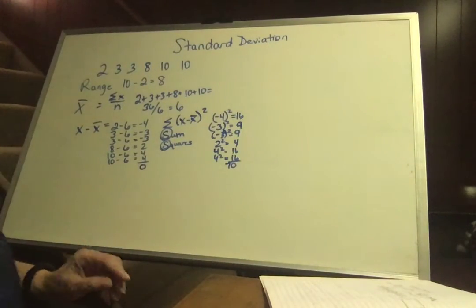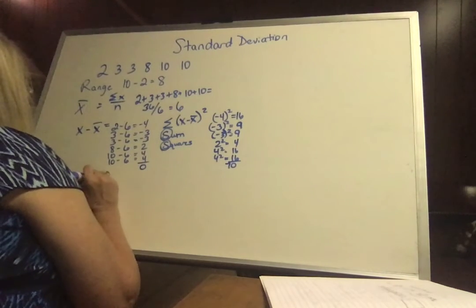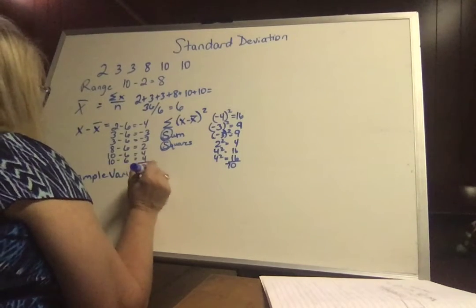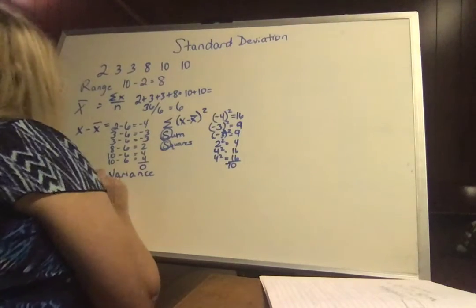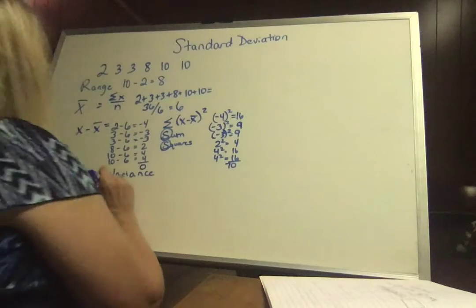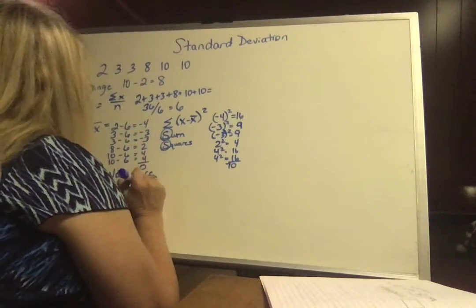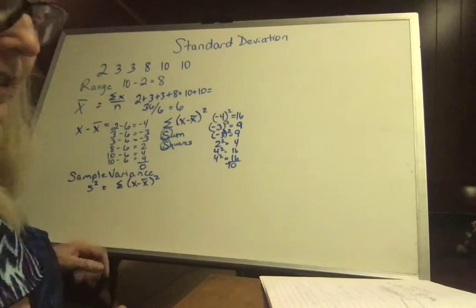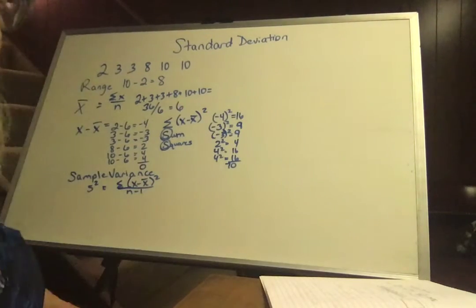Okay, so then they'll take this and do sample variance. And sometimes they'll just use the letter S squared to stand for the sample variance. S squared is the sum of x minus x bar squared, this that we found, divided by the number in the sample minus 1.